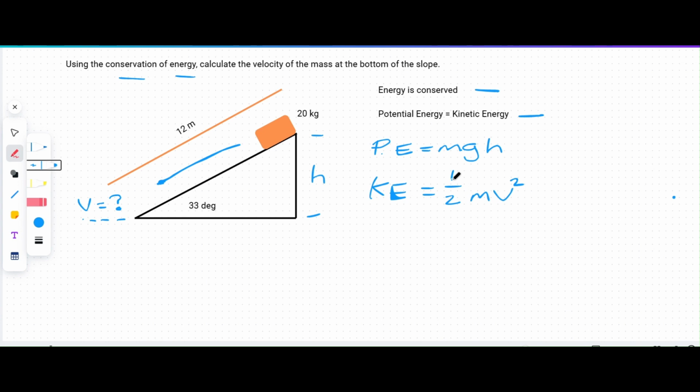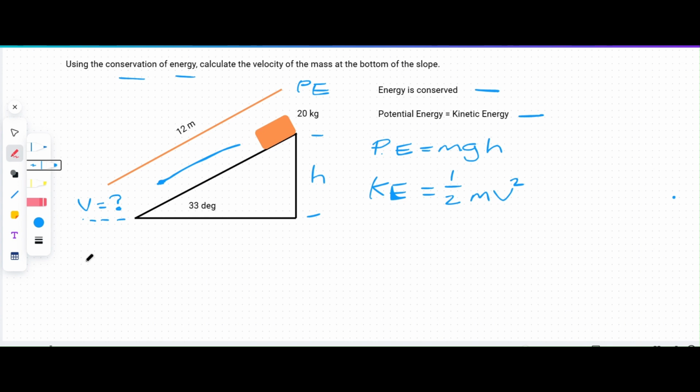The energy changing from one form to another, potential to kinetic. As it comes down the slope, it's getting lower in height. Okay, so PE is going down, but KE is coming up. So we've got to find velocity. So the first thing we've got to find is the potential energy of this thing at the top of this slope.